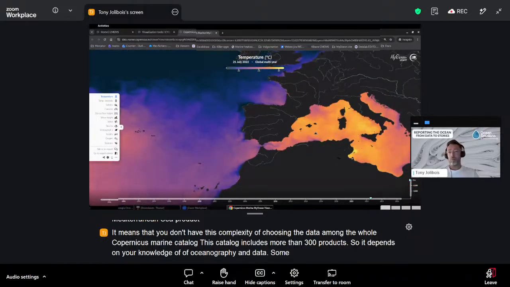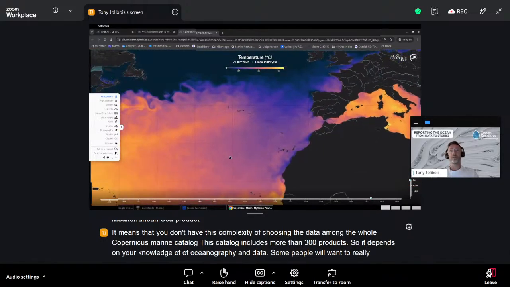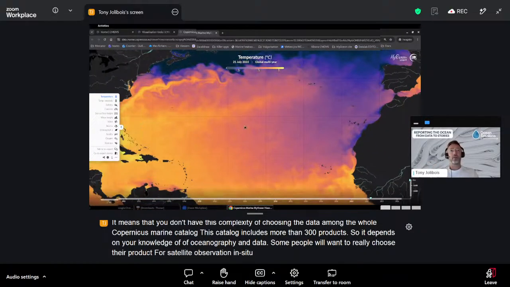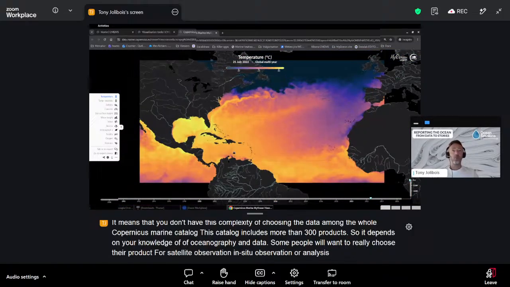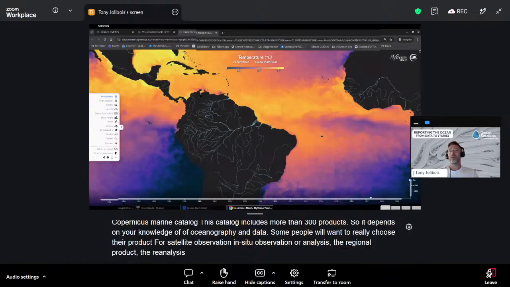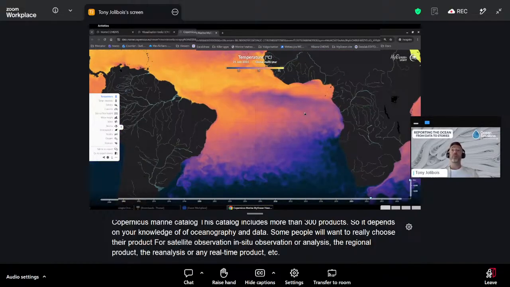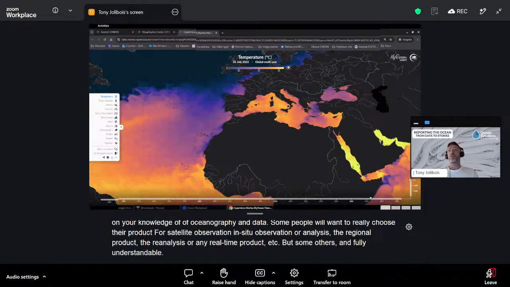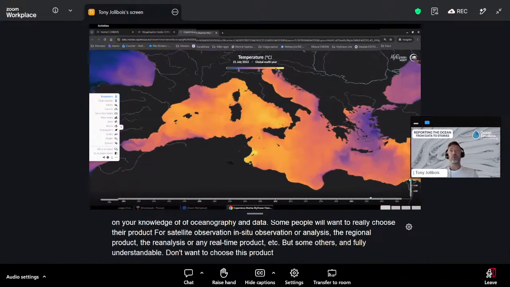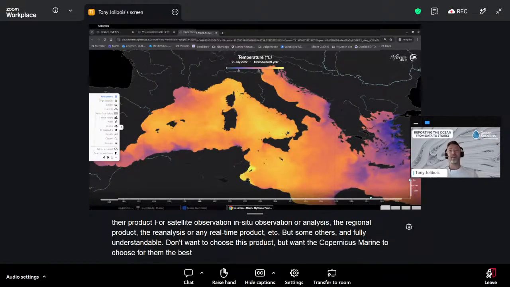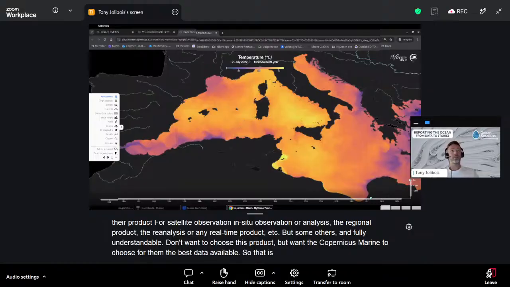Some people will want to really choose their product: satellite observation, in situ observation or analysis, the regional product, the reanalysis or a near real-time product, etc. But some others, and it's fully understandable, don't want to choose this product, but want Copernicus Marine to choose for them the best data available. So that is what MyOcean Lite is doing.